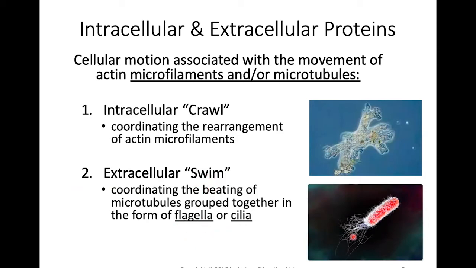Okay, now, this is an example here of a bacterial cell with multiple flagella, but the spermatozoa have a single flagellum, all of them made from microtubules, so those tubulin proteins. This is known as extracellular swim, right? So one way that a cell is capable of moving. It's a protein that is attached to the plasma membrane, which then allows it to move from point A to point B based on its extracellular appendage.